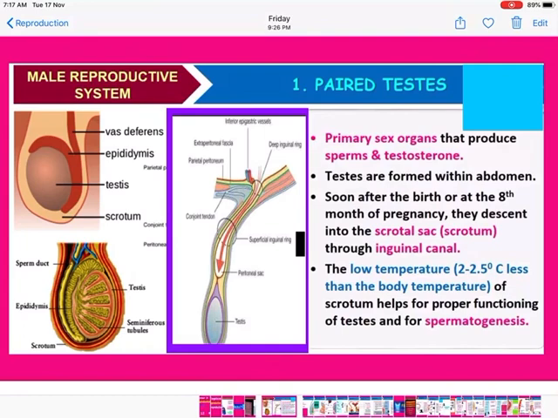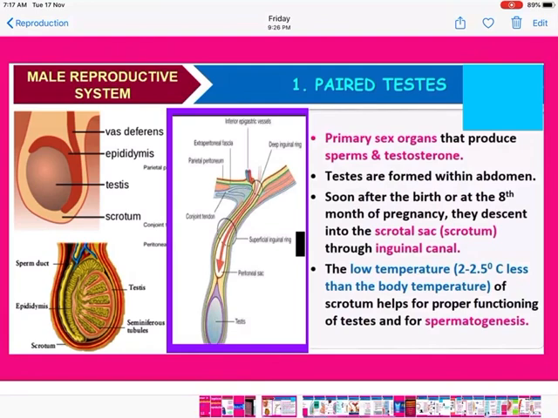Testes are formed within abdomen, but soon after the birth or at the 8th month of pregnancy, they descend down. They come down into the scrotum outside the body through inguinal canal. You can see the canal, inguinal canal, arrow is shown. Through this canal, the testis goes down into the scrotum.